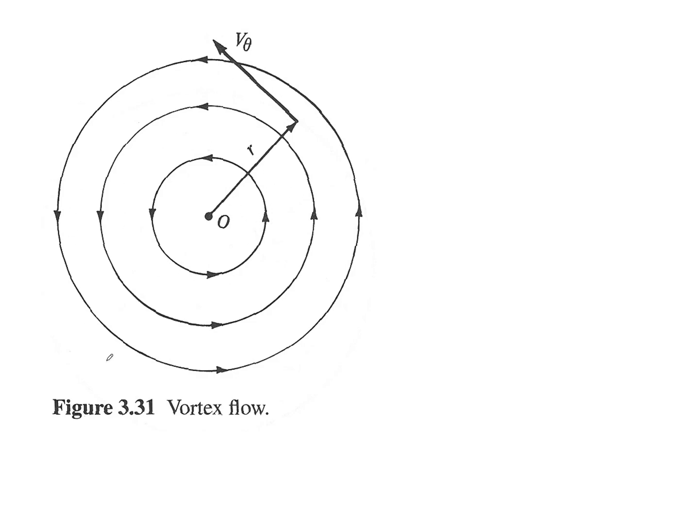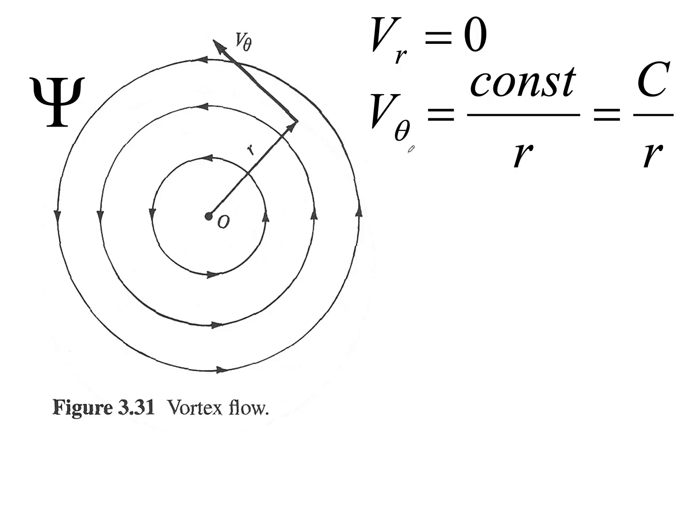The streamlines are all concentric circles, and the radial velocity is 0, and it's only purely tangential. So you see that the tangential velocity has the same shape as the radial velocity in a source or a sink. So the stream functions and the velocity potentials between a vortex flow and a source sink are identical, and vice versa.